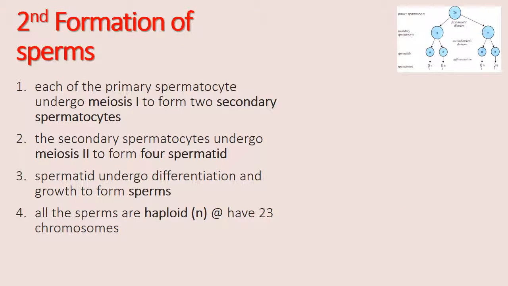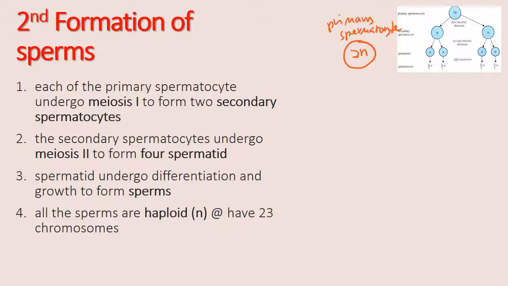Now we move on to the second stage, which is the formation of the sperm. Each primary spermatocyte, which is formed by the growth of the spermatogonia, will undergo meiosis 1 to form two secondary spermatocytes. So this is the primary spermatocyte.